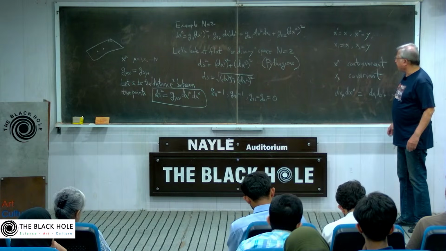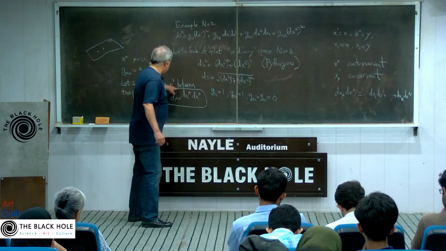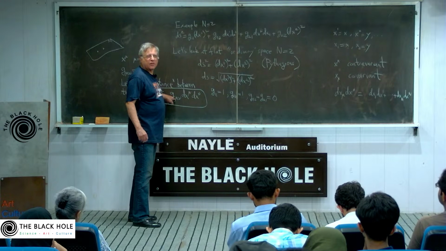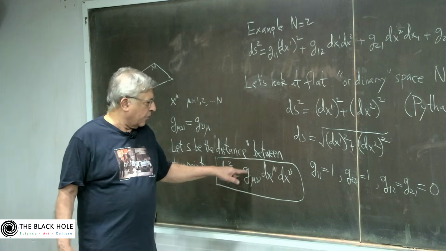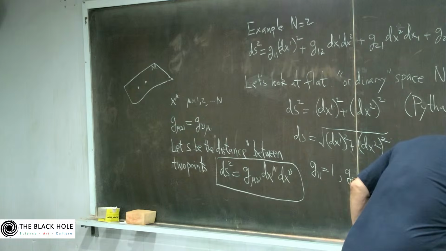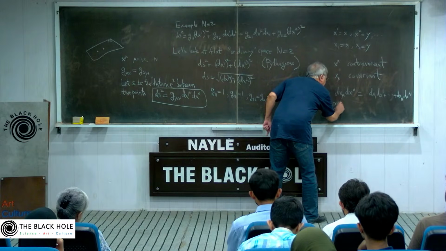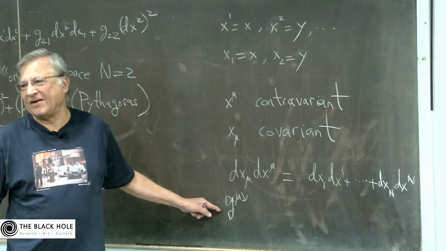Similarly, you see here, G mu nu is covariant. It's written in a covariant way. When it is up, then we can have G mu nu, and this will be called contravariant.